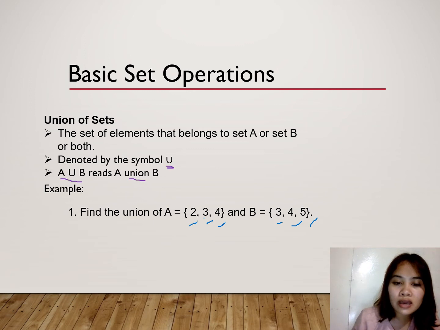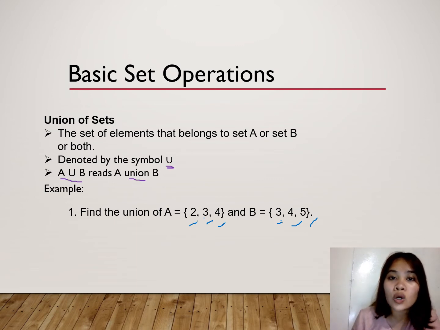Then, as you can see, we have 3 in set A and 3 in set B. So we write it as 1. We cannot write it as 2, comma, 3, comma, 3. No. So we write it only once. When writing a set, you cannot repeat an element.